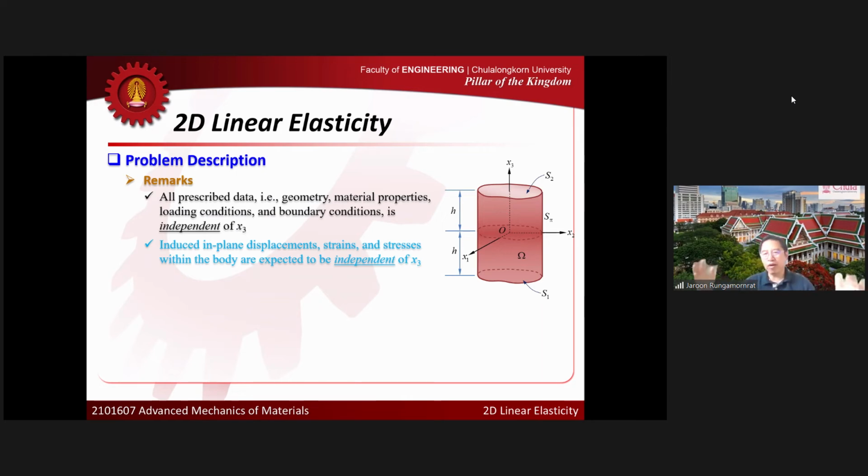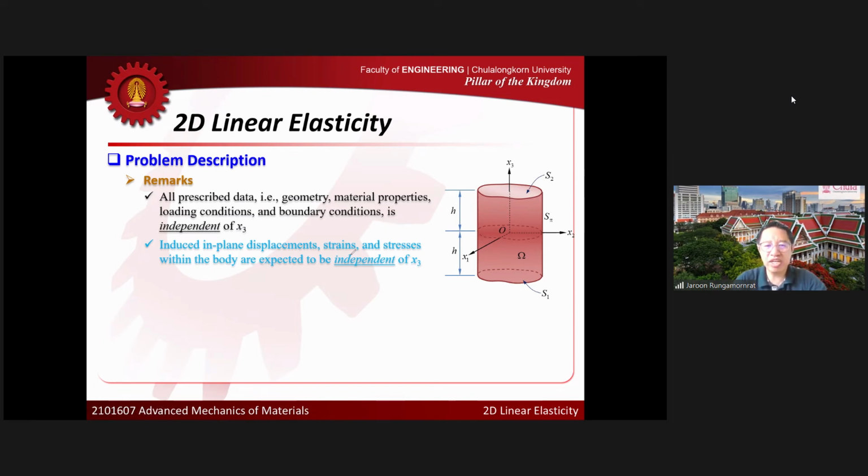If you deal with a simple body, simple geometry, simple material property, loading condition and boundary condition, because all of that information is simply in-plane quantities and independent of X3, I expect that the displacement, strain, and stress induced inside the body should be independent of X3 as well, right? That's what we expect, because the information that we prescribe there is independent of X3.